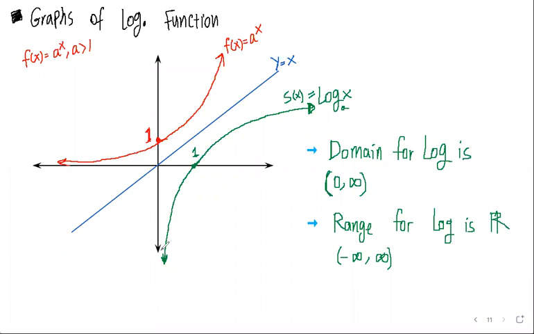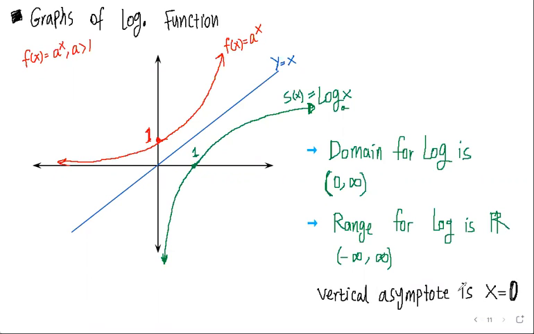I have a vertical asymptote: x equals 0.